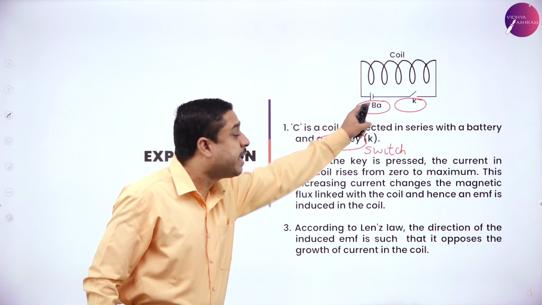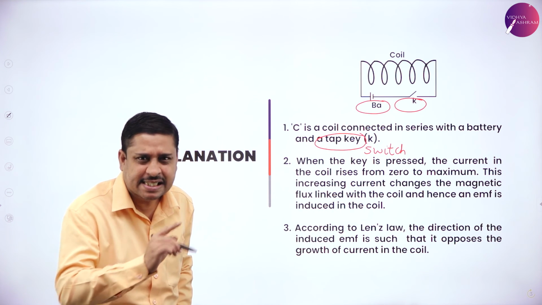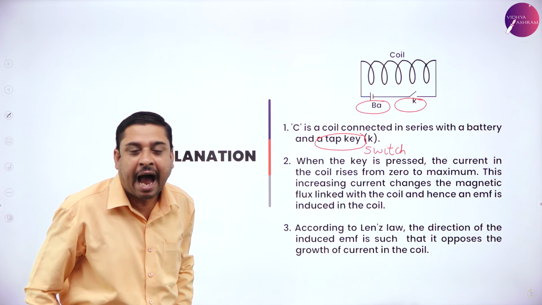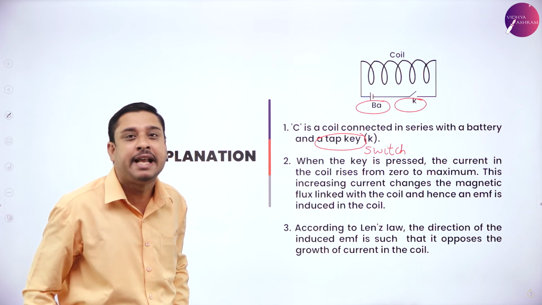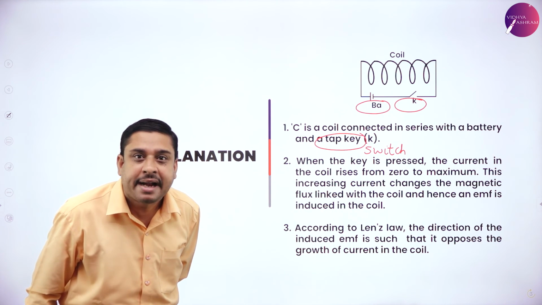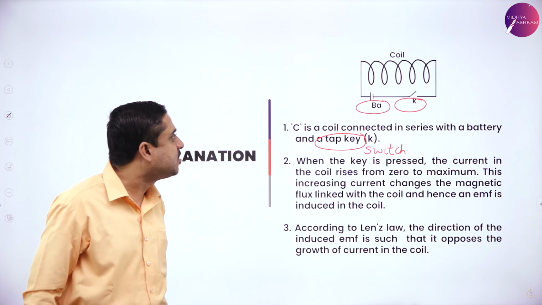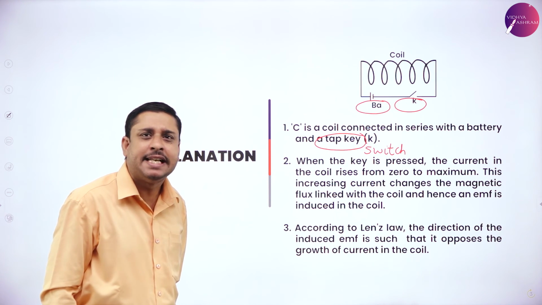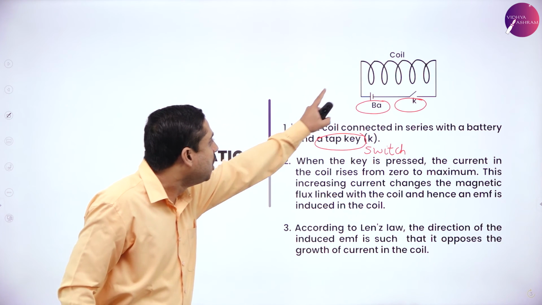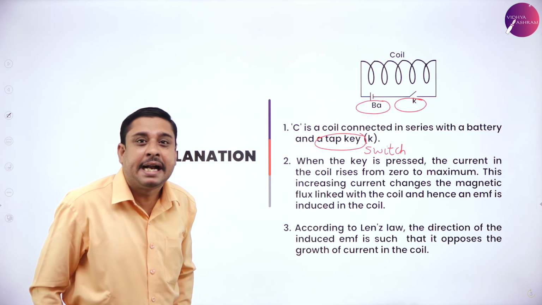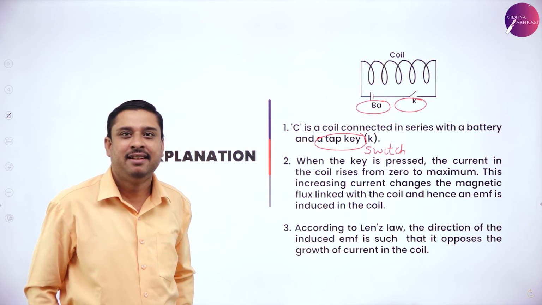Why do I require a battery? Some current has to flow through the coil. I have to apply some voltage. Therefore, I am using a battery. So students, there is a coil which is connected to a battery and a tap key.